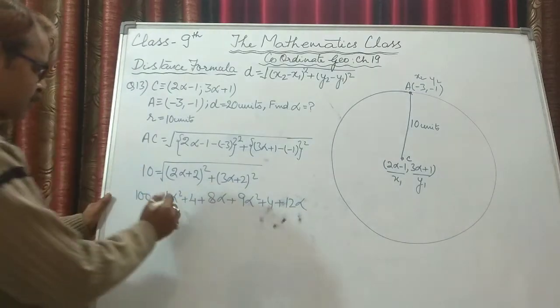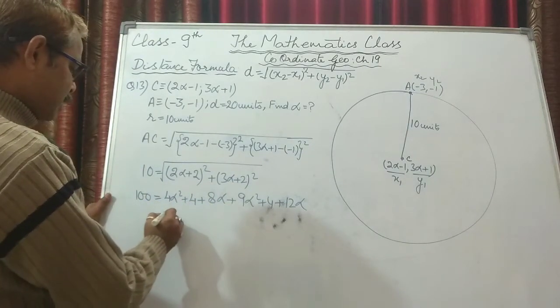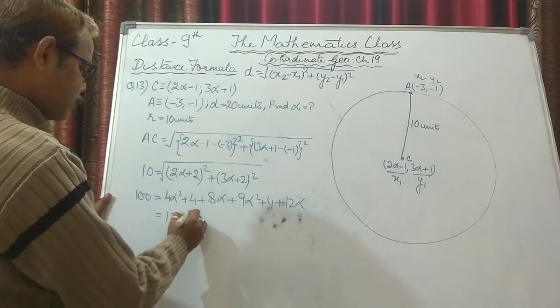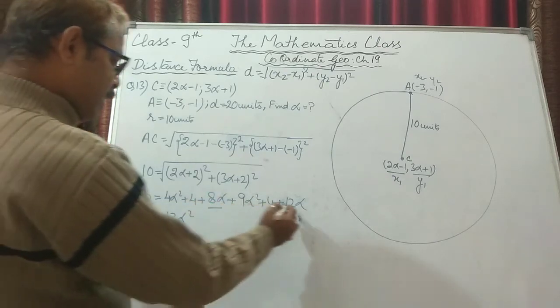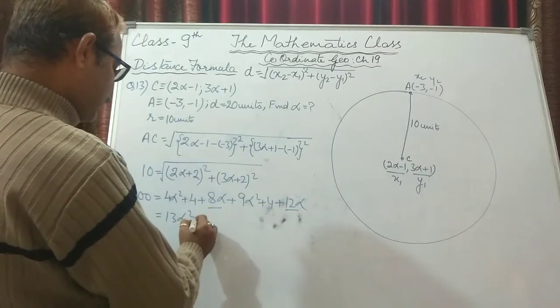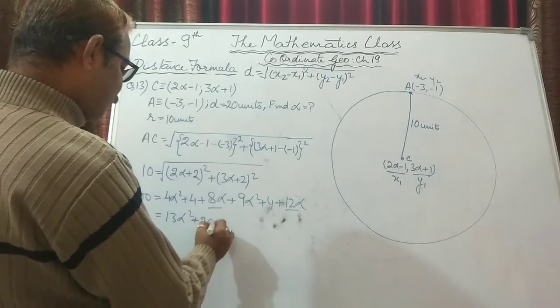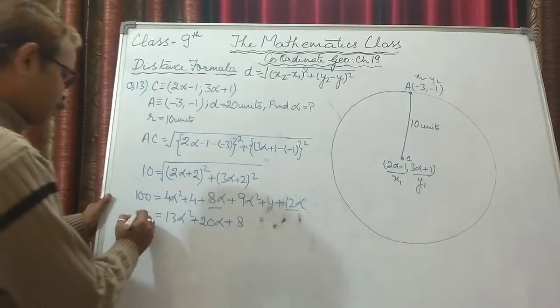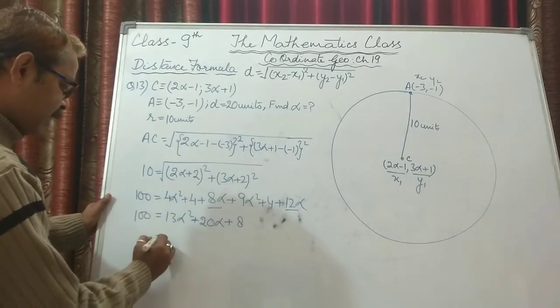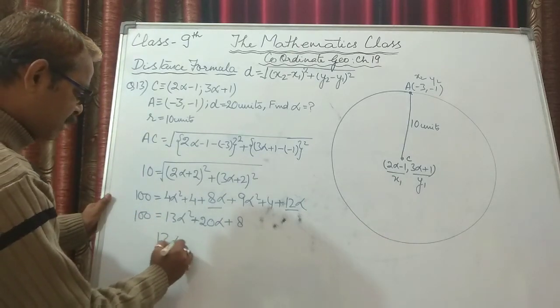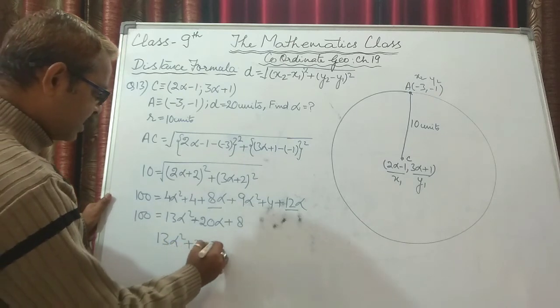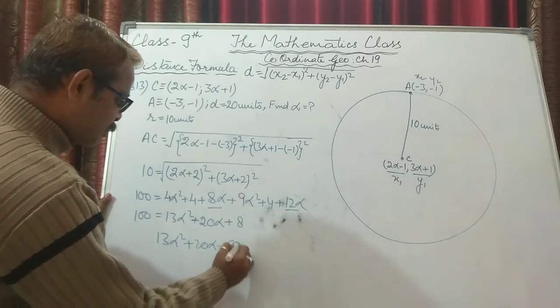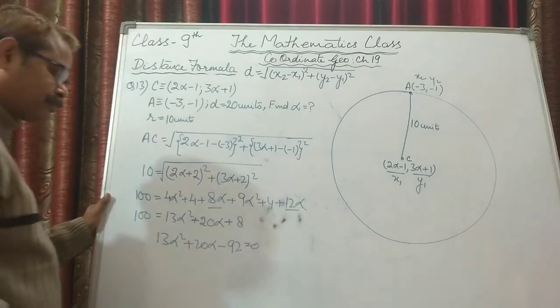Now alpha square: 4 and 9 is 13 alpha square. 8 alpha and 12 alpha is plus 20 alpha, and 4 plus 4 is 8. So this can be written as 13 alpha square plus 20 alpha minus 92 is equal to 0.